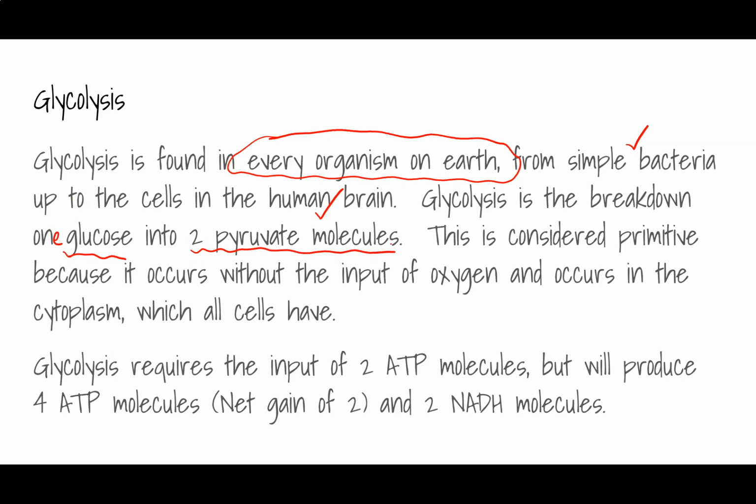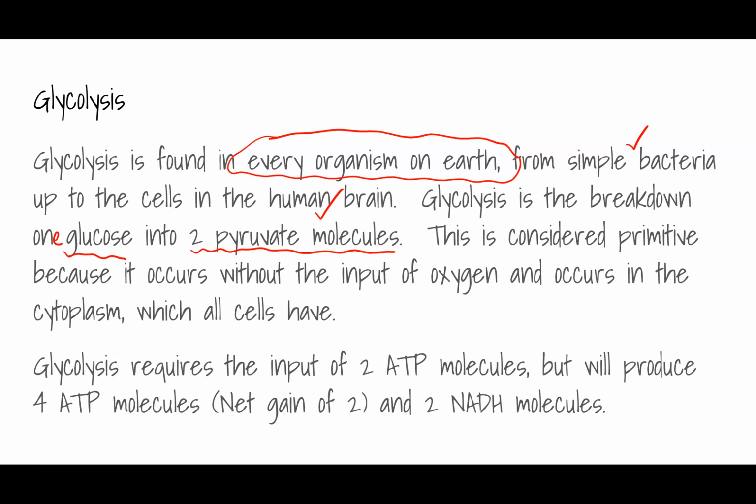Now remember, if you are bacteria or you are yeast and you're going to go anaerobic, those pyruvates are going to form either lactic acid or alcohol. But if you're going aerobic, those 2 pyruvate molecules are going to get altered and enter into the mitochondria. Again, we'll see that in a little bit.